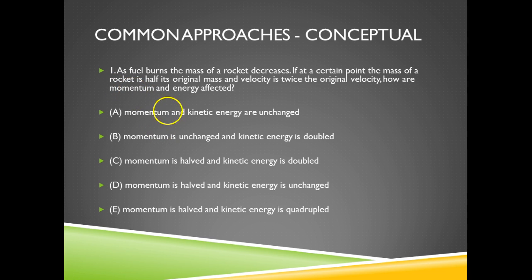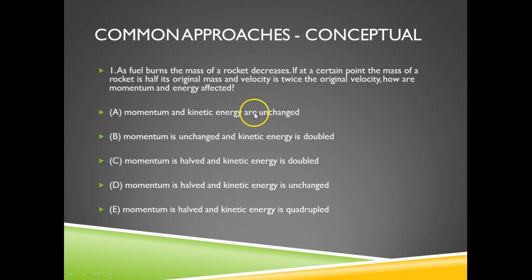Momentum is mass times velocity, so if the mass went down by a factor of 2 and the velocity went up by a factor of 2, nothing would change. It would be unchanged. So we can cross out C, D, and E because momentum is not at all changed.